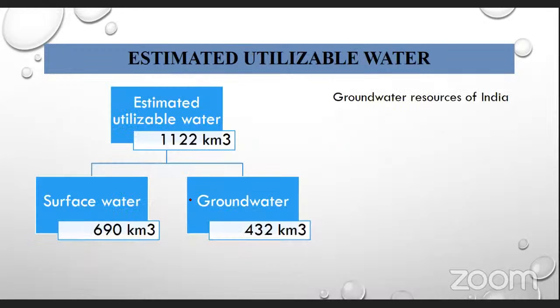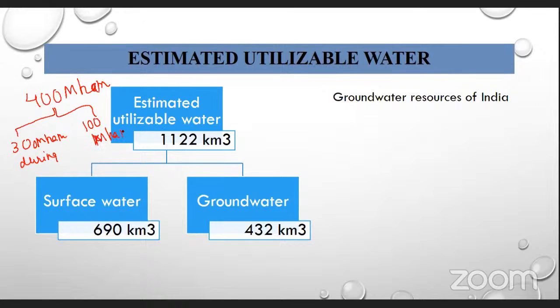Now in the previous lecture I told you that the annual precipitation, including the snowfall, is estimated in India at 400 million hectare meter. This is further divided into 300 million hectare meter during the monsoon season, and for the rest of the time period we have 100 million hectare meter.